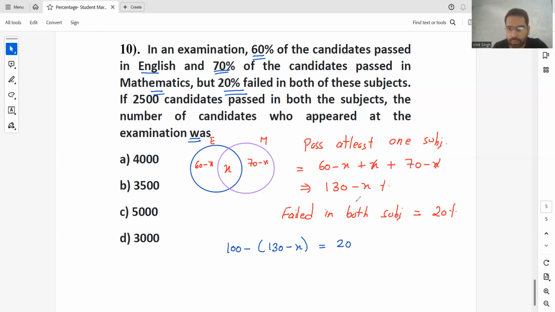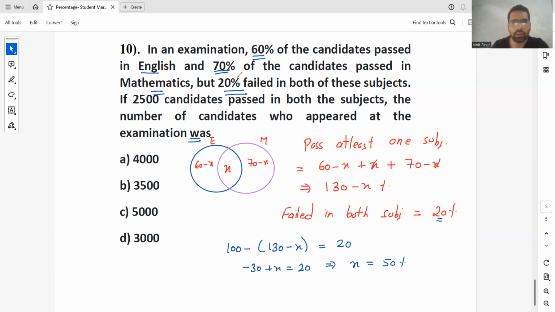If we subtract 130 minus X from the 100, then we will get 20%. So 100 minus 130 plus X is equal to 20. That X is equal to 50%. 50% are those students who are passing in both subjects.